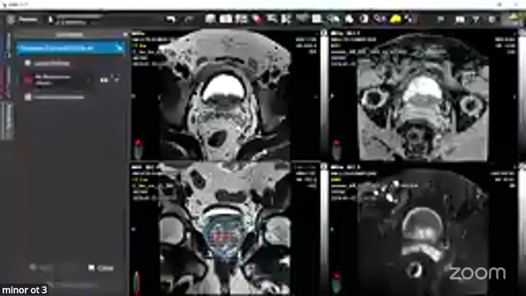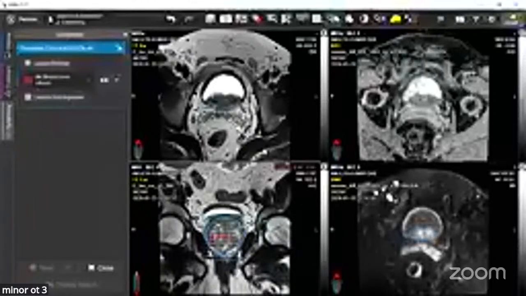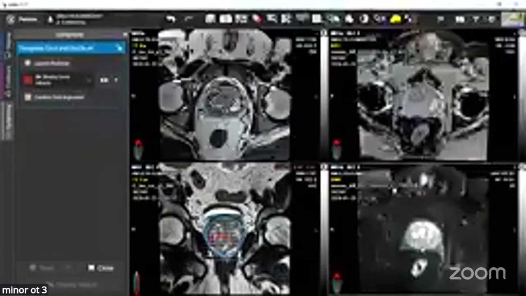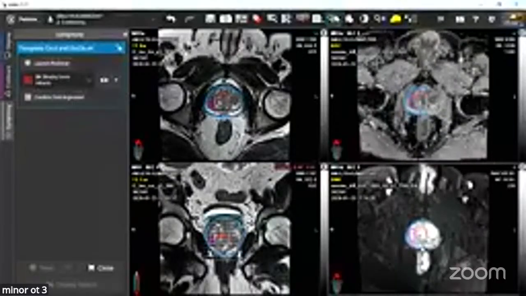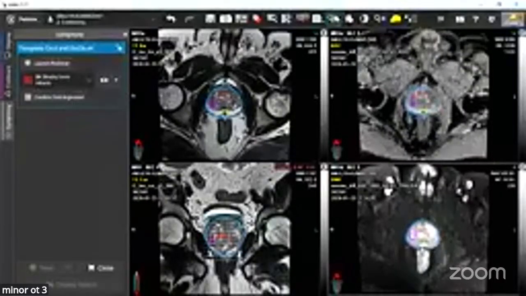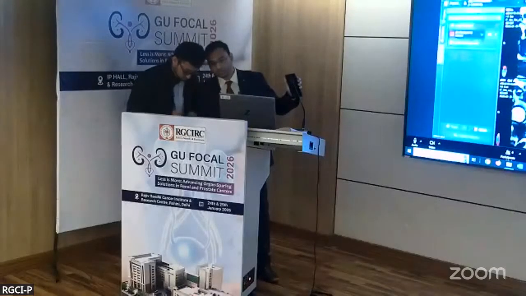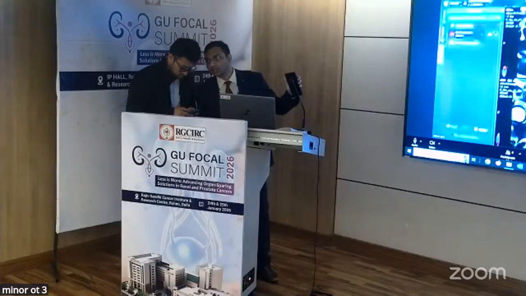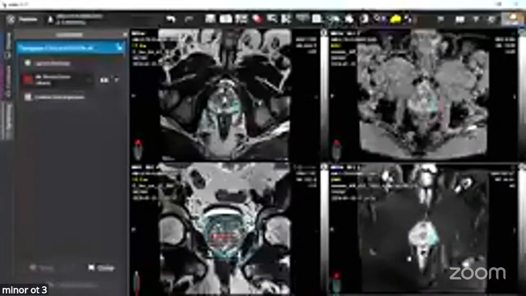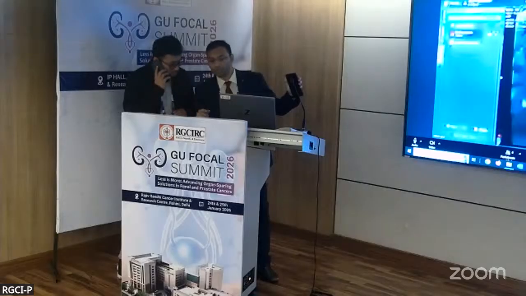Showing the comparison of the prostate and the lesion, marked as red.